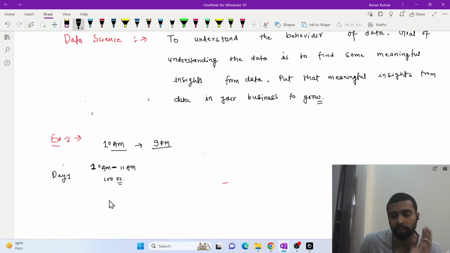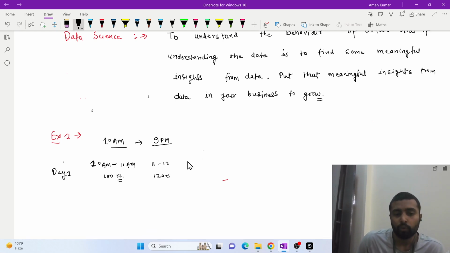Then 11 to 12 you get 120 rupees. Then 12 to 1 p.m. you get 150 rupees. Then 1 to 2 is 130 rupees, 2 to 3 is 140 rupees, 3 to 4 is 200 rupees, and 4 to 5 is, let's say, 1500.